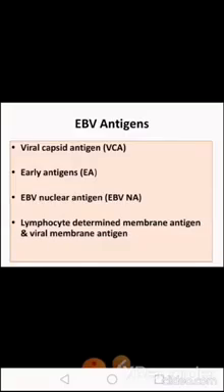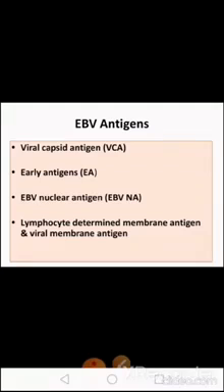Epstein Barr virus. There are different antigens of Epstein Barr virus. Viral capsid antigen. This is commonly used in diagnostic test. Early antigen. It is produced prior to viral DNA synthesis.